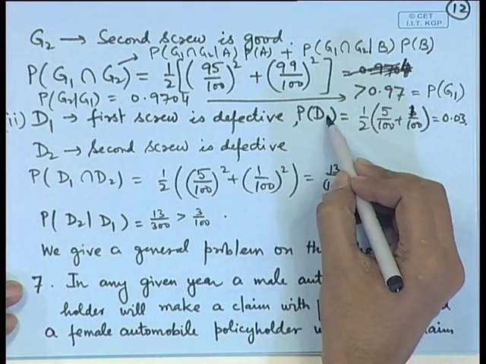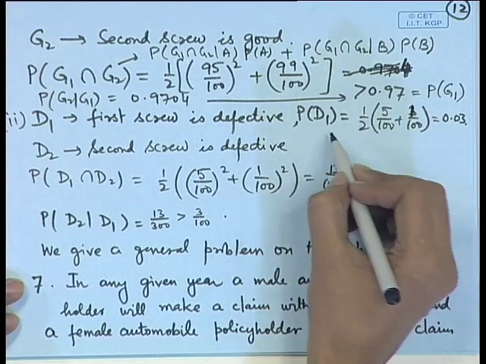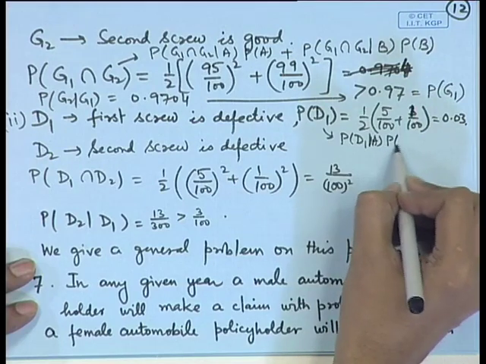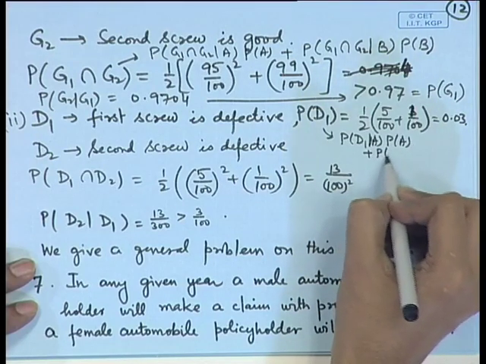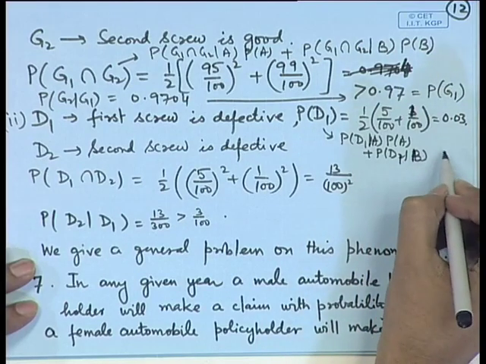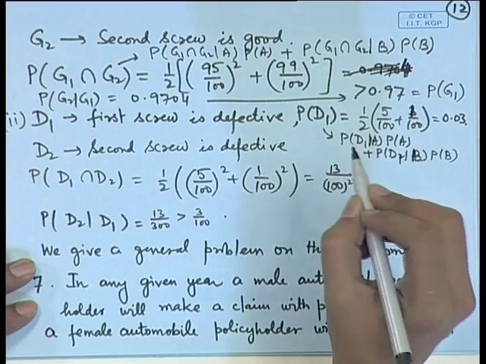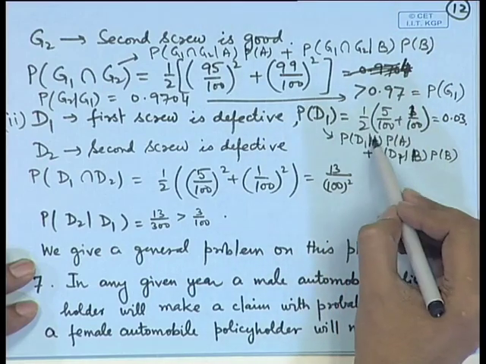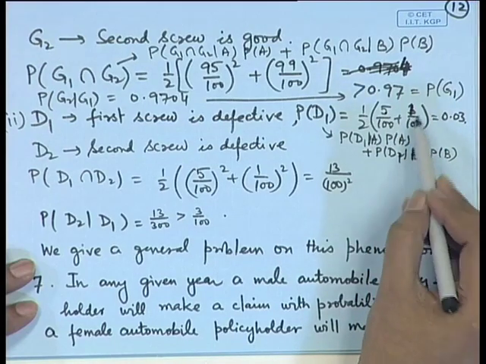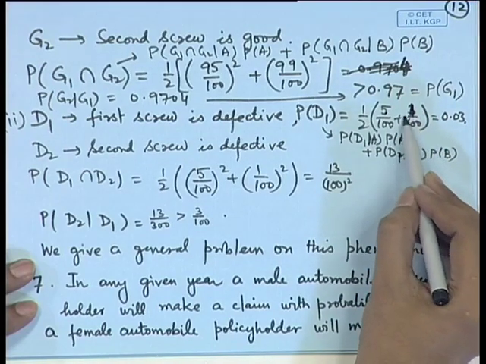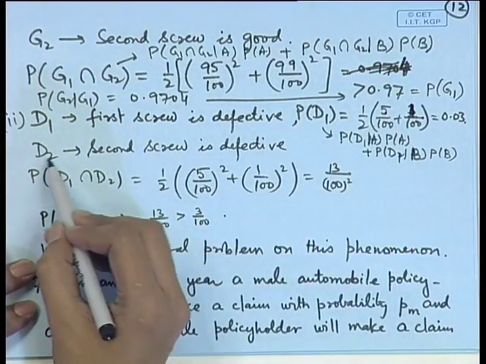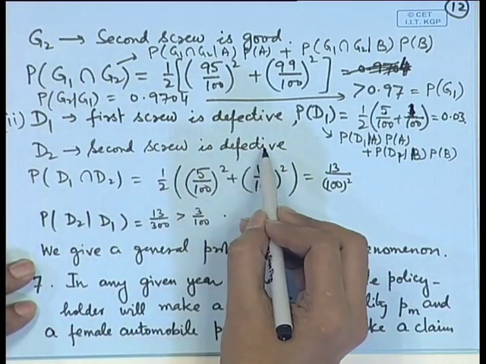So, probability of D1, using the argument which we considered earlier, we can write as probability of D1 given A into probability of A plus probability of D1 given B into probability of B. So, this is equal to half into the 5% from factory A that are defective, that is 5 by 100, plus the 1% from supplier B that are defective, so it is 1 by 100. So, it is 0.03.